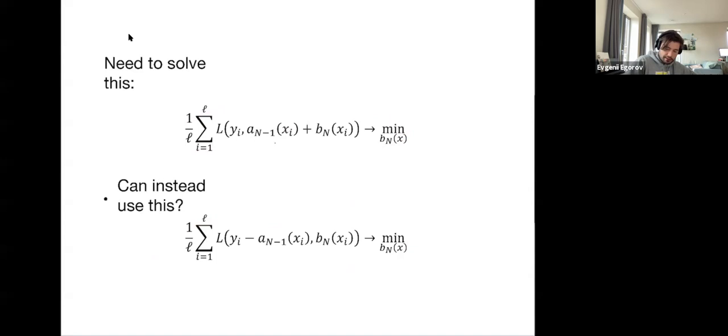Let me emphasize the difference: this term was here, and now we have it here. For MSE it was a valid thing to do because we just put the brackets in different places, and that's it.